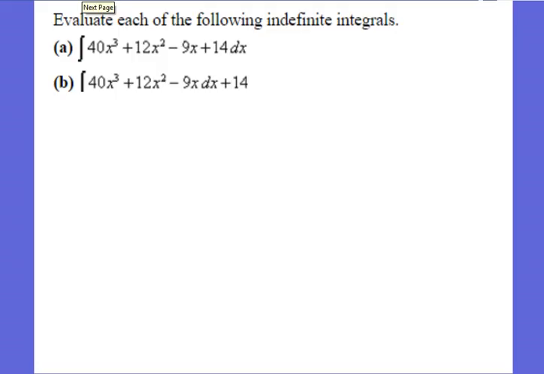I have the integral of 40x cubed plus 12x squared minus 9x plus 14 dx. Okay? So, bless you. The integral of 40x cubed plus 12x squared minus 9x plus 14 with respect to x.